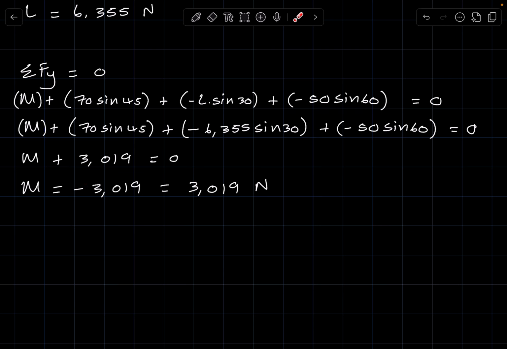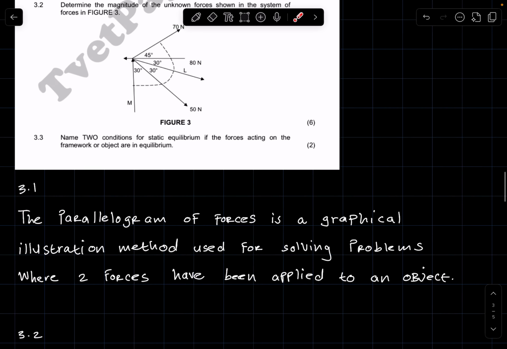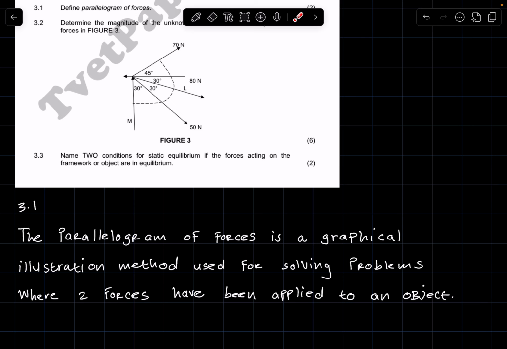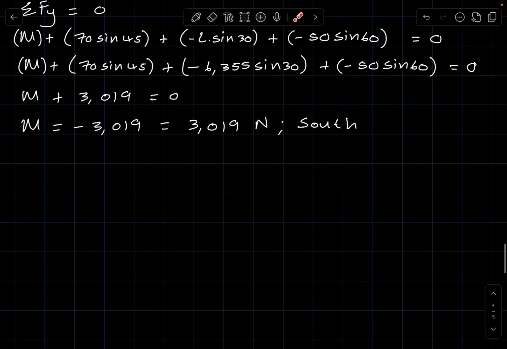And remember, this is parallel with the y-axis, so because it's negative, it actually means this is headed south. Now initially you were told that this is headed north. That means this assumption is wrong. For this to be in equilibrium, this has to be headed south. That is all what this means.